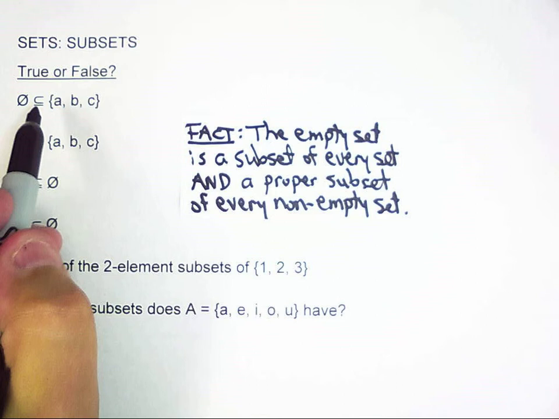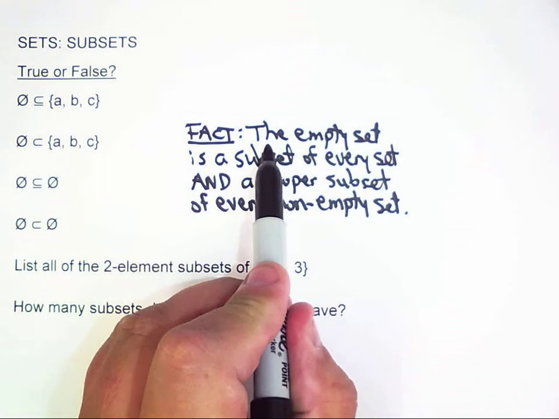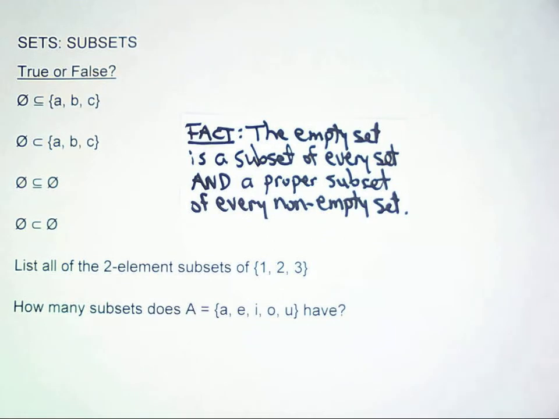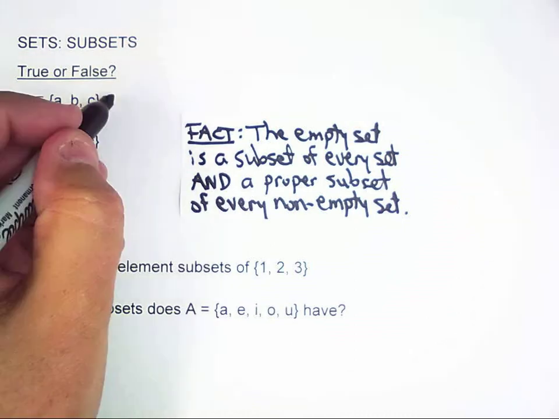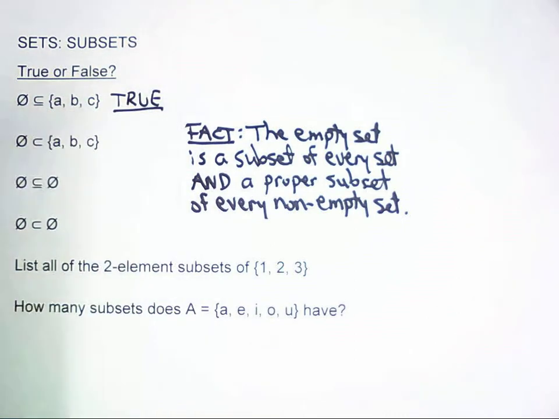We're dealing with a regular subset, so this first part of the statement is what we need, and that is that the empty set is a subset of every set. That should be one of the pieces of information that you just have at your disposal. So if someone asks you, is the empty set a subset of something, you can immediately say, yes it is, or that this statement is certainly true.